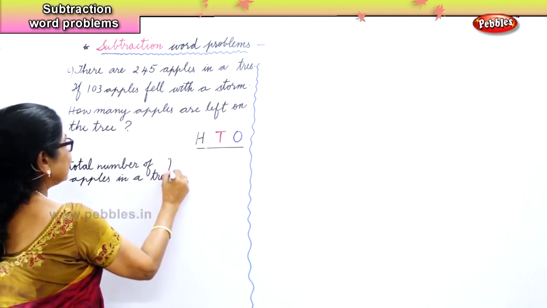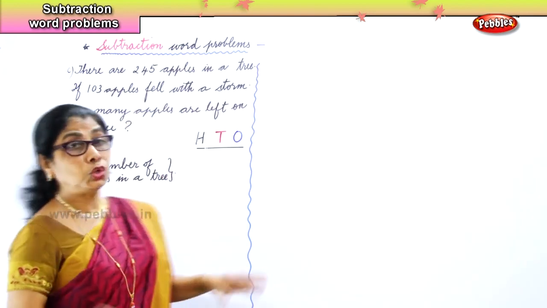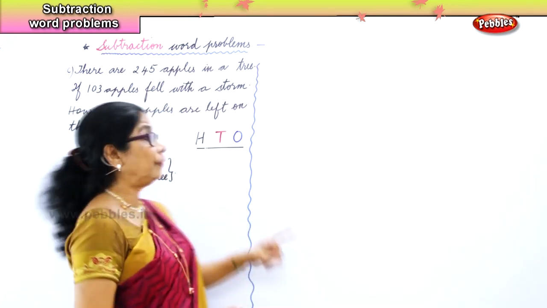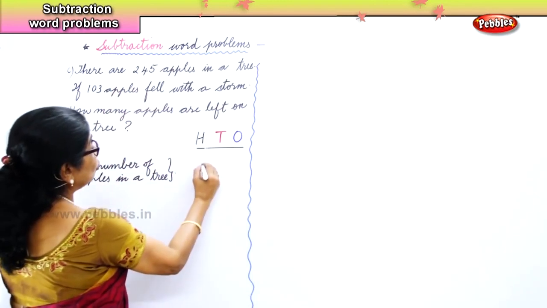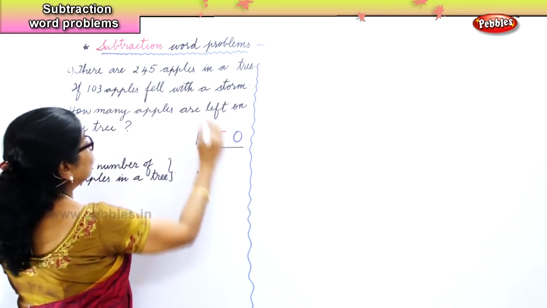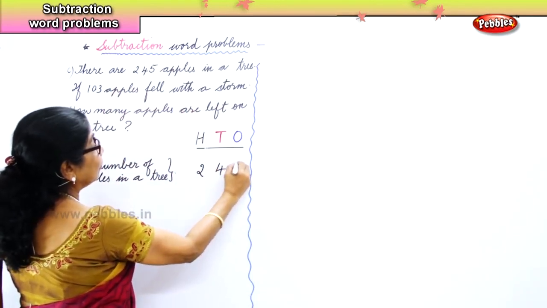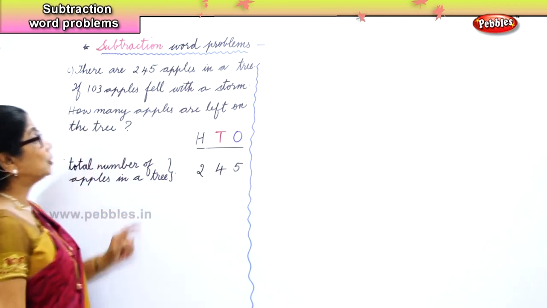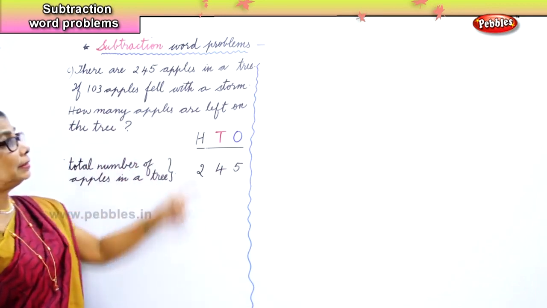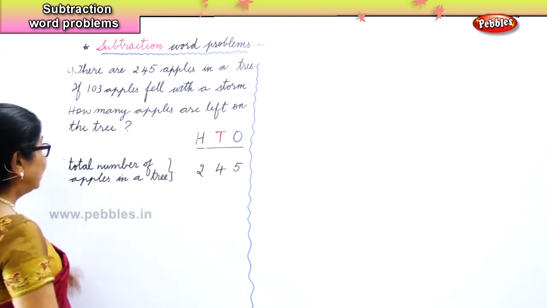That's the first statement. What is the total number? 245. Now place correctly. 245. Good.